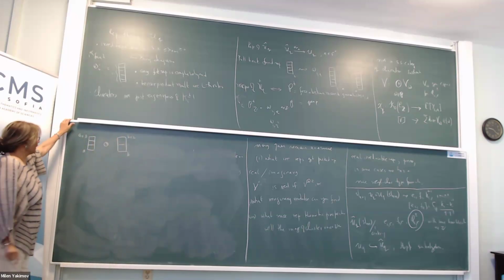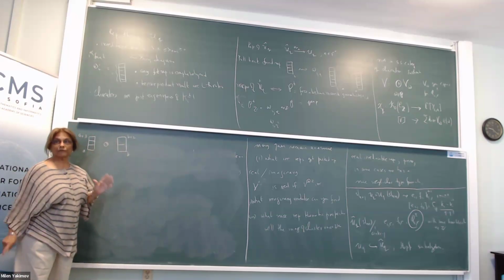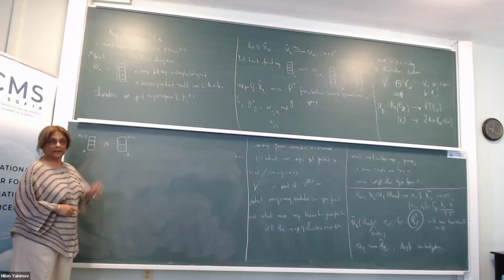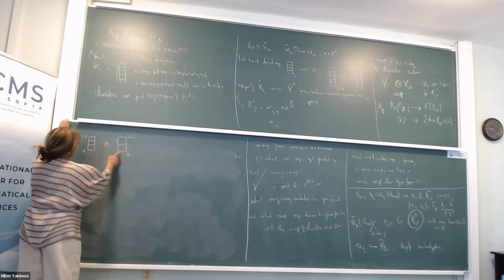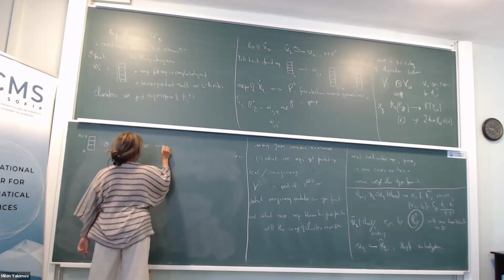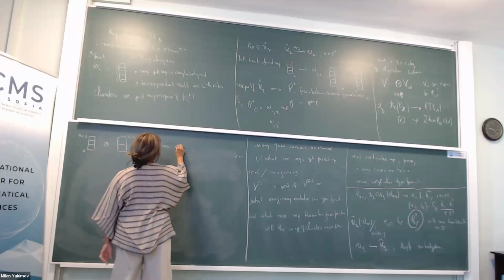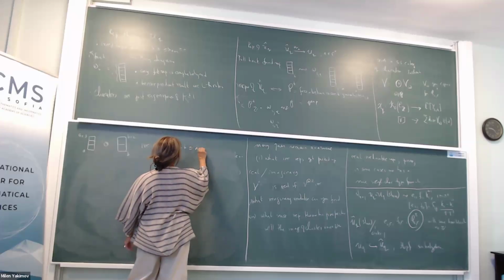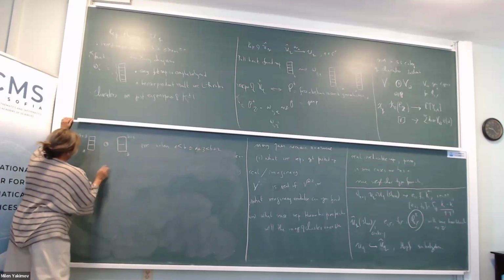Basically what you do is you slide them together, and if you get a skew diagram, then the tensor product is going to be reducible, and otherwise it's going to be irreducible. So this tensor product is irreducible unless, in this case, A is less than B, less than or equal to A plus 3, less than B plus 2. So that's because I need this.